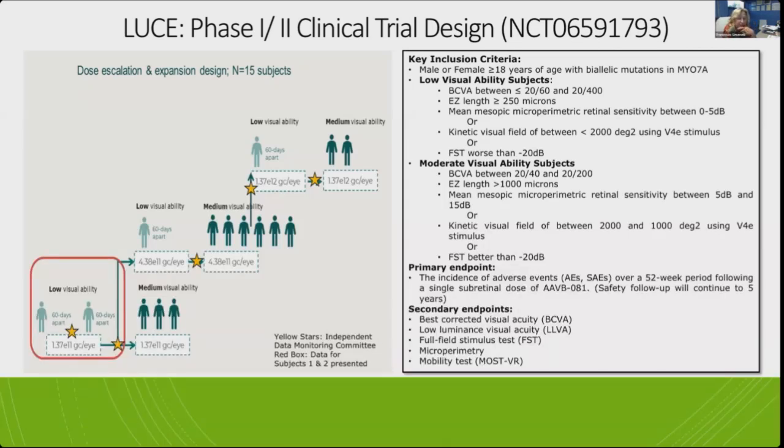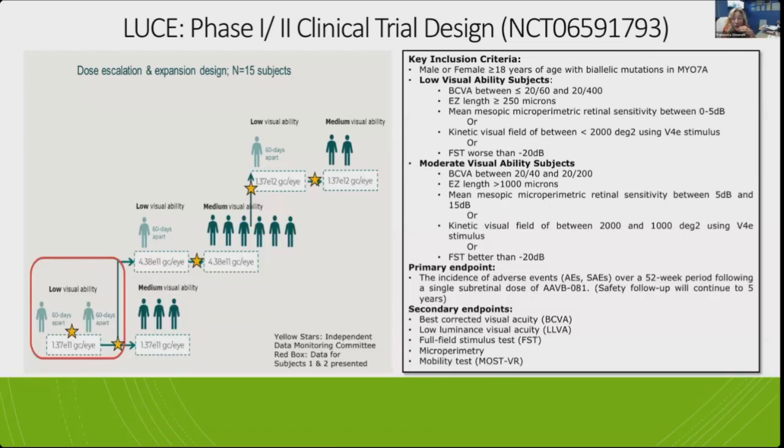We divide the patients in two subgroups: patients with low visual ability and patients with moderate visual ability. And we will treat these patients of both the categories with 3 different doses of the drug: low, medium, and high.